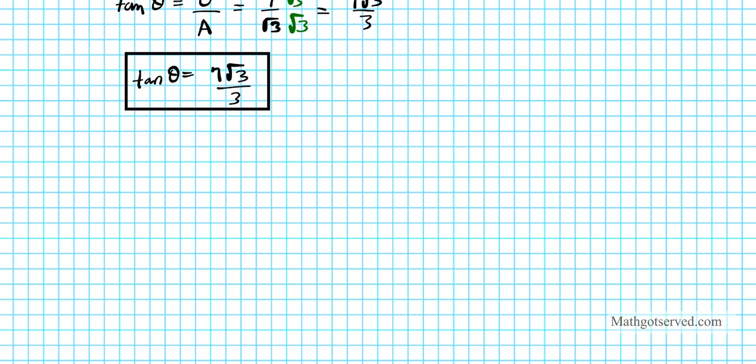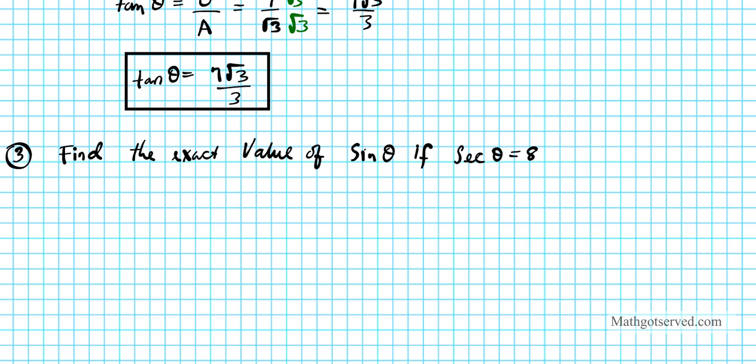Okay, let's take a look at question number 3. So question 3, find the exact value of sine theta if secant theta is equal to 8 over 3 and pi is less than theta and theta is less than 3 pi over 2.